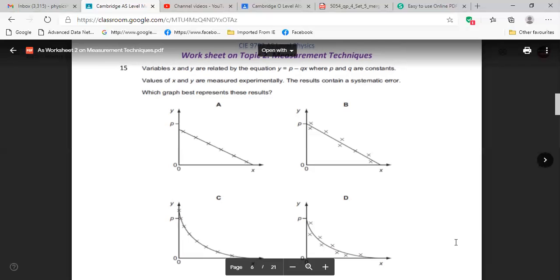Look, they are asking which graph best represents this result, and just before that, they told you the results contain a systematic error, right?